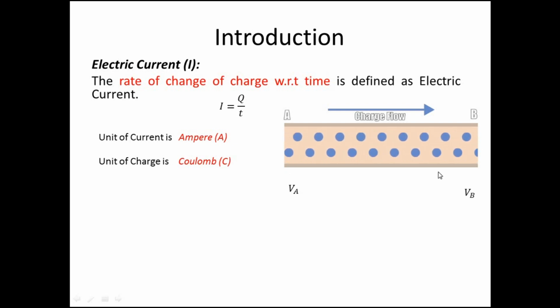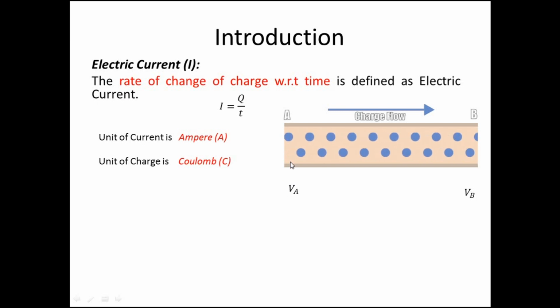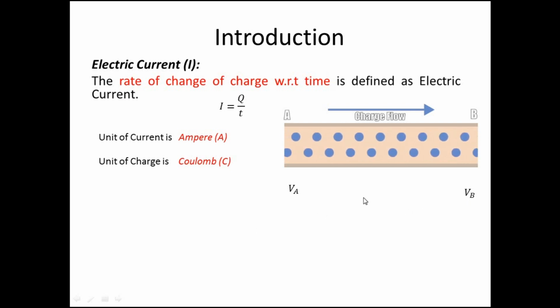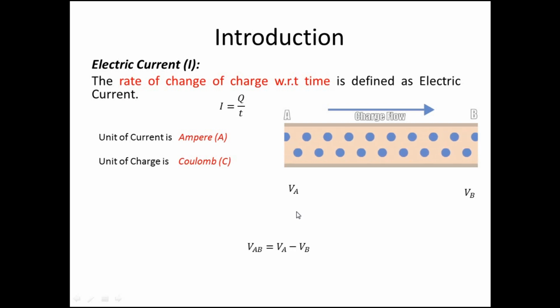In order for a current to flow, the potential at A, that is VA, should be higher than VB, and this potential difference is called the voltage across these points A and B.